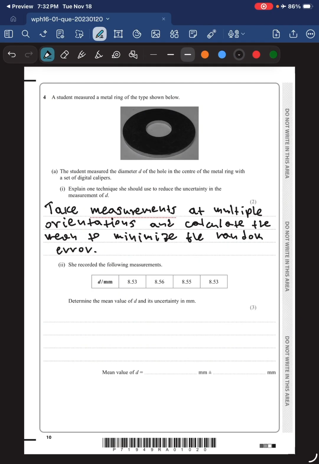When I say multiple orientations, I mean you can measure d this way, and then this way, and then this way. So multiple orientations.